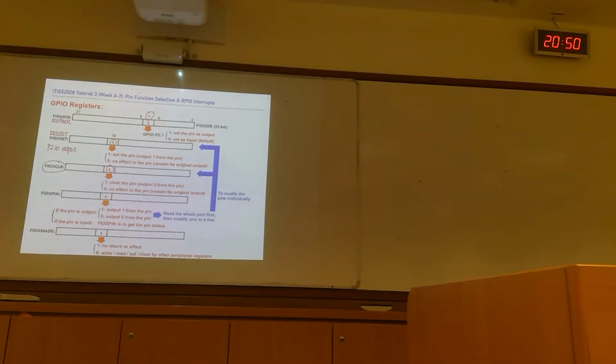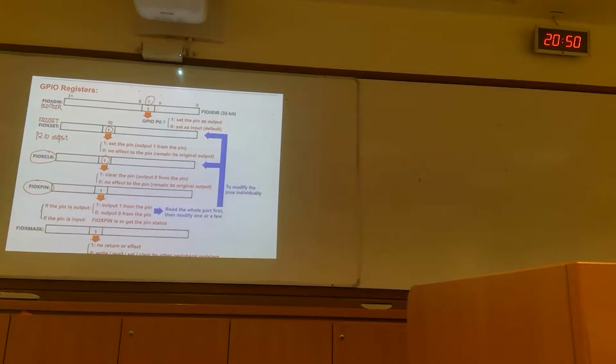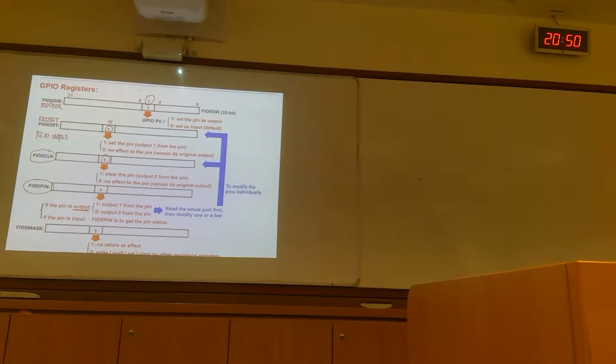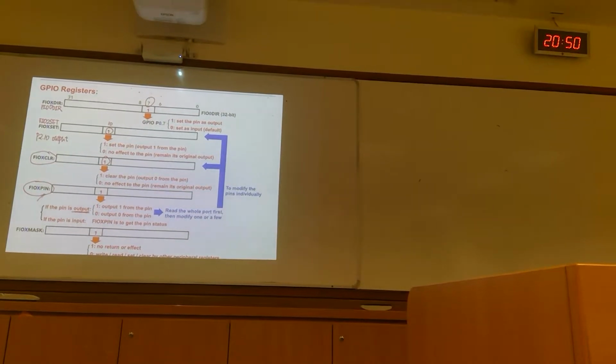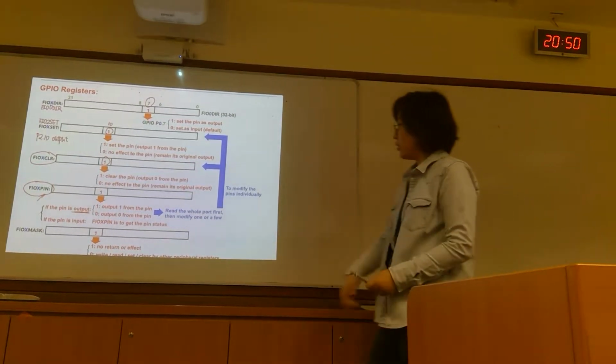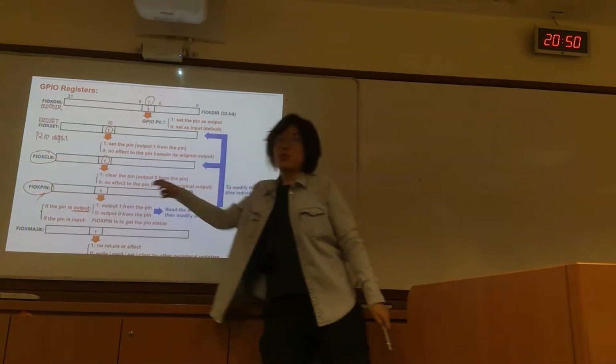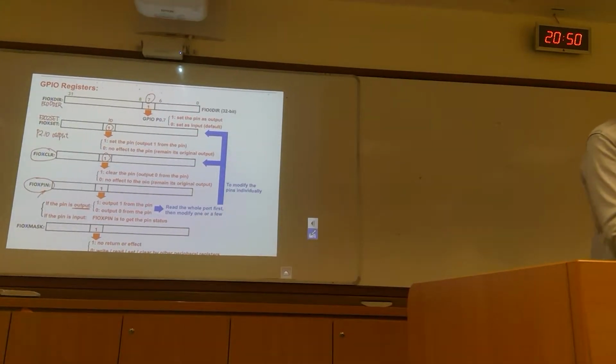Okay? And you have another register FIOX pin. Okay, if your particular pin is an output, this is a register that you can directly output 1 or 0 by putting 1 or 0 here. But let's say your pin is an input.